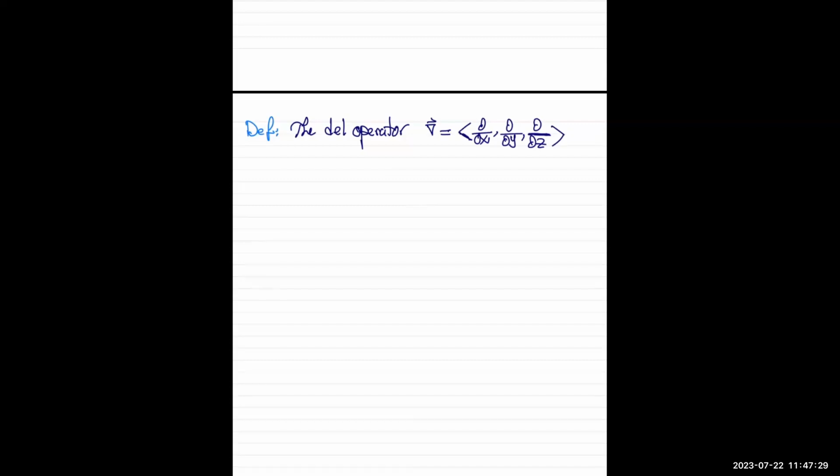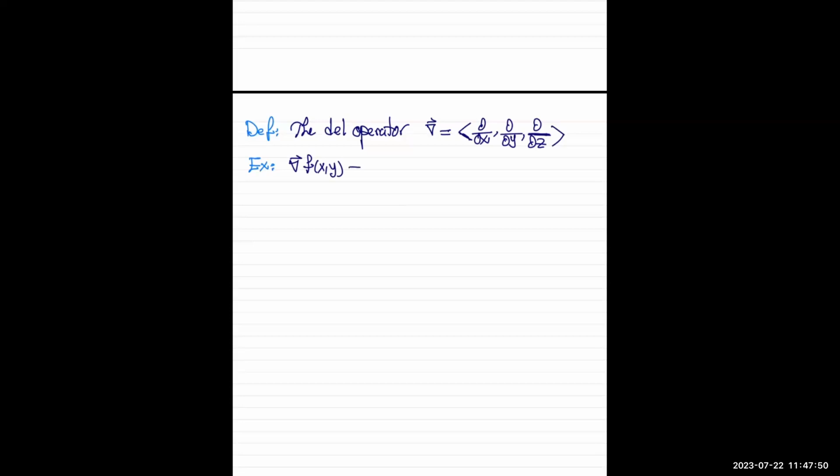Okay, so for example, as we know, the del operator acting on a scalar function, this is in 2 dimensions. It could also be in 3 dimensions.